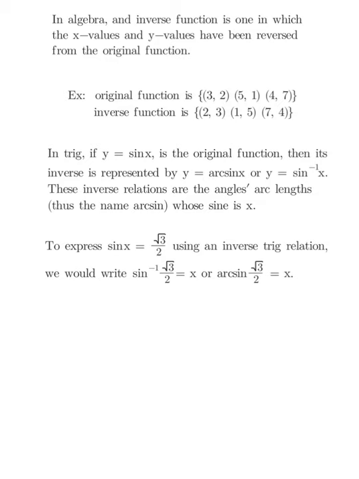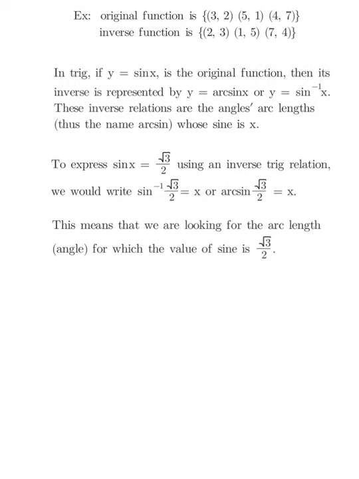Those both are asking the same thing. When we see this notation, what this means is that we are looking for the arc length, or the angle, for which the value of the sine, the y value, is the square root of 3 over 2.